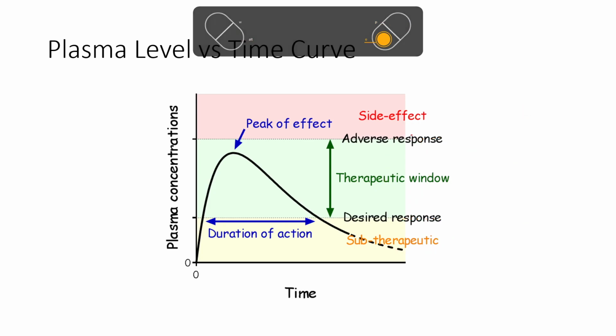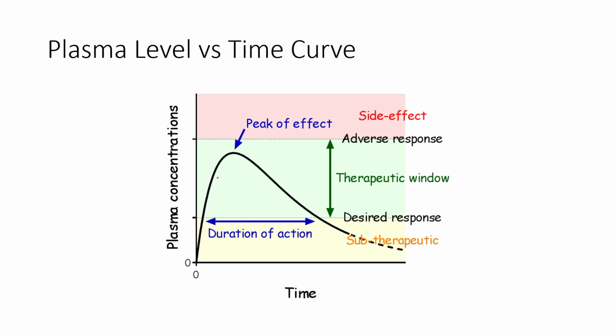Other parts of the graph is the peak of effect. The peak of effect is usually the point of highest concentration because we tend to relate plasma level concentration with its effect. The higher the concentration, the larger its effect. And the duration of action is the amount of time that the plasma level concentration is above the MEC.